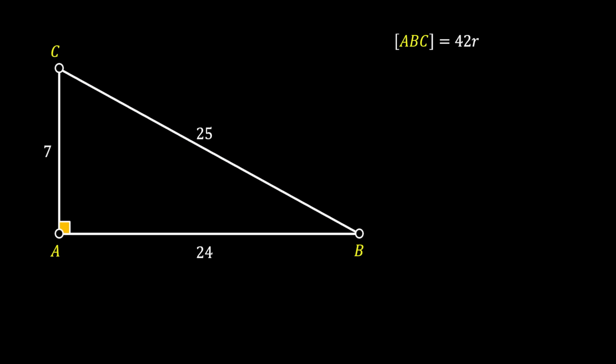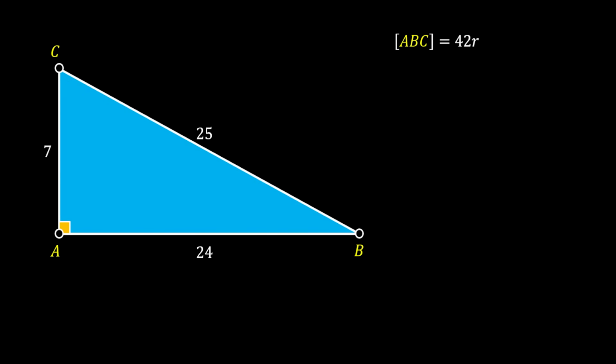Now, there is another way to obtain the area of this triangle. Since it is a right-angled triangle, we can say that the area equals half of the product of its legs. So, in our case, 24 times 7 over 2. We can work through this and get that the area of our big triangle ABC equals 84.